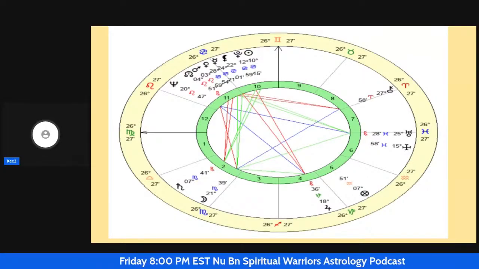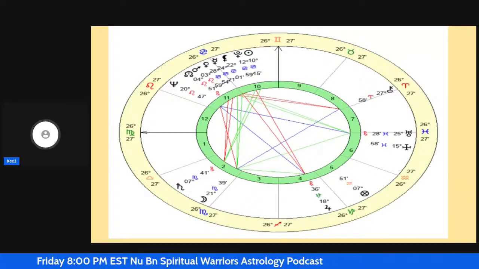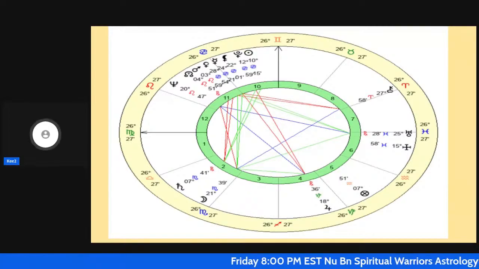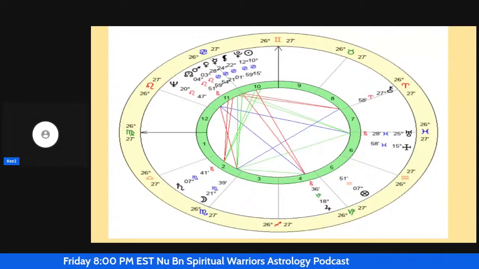After Virgo, the next sign for the second house is Libra. So we'll delve deeper into that on the next podcast. But I want to introduce the concept of the ascendant.